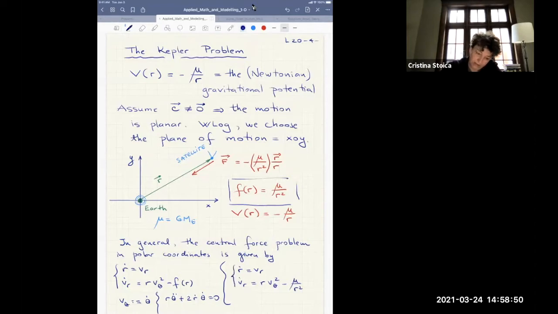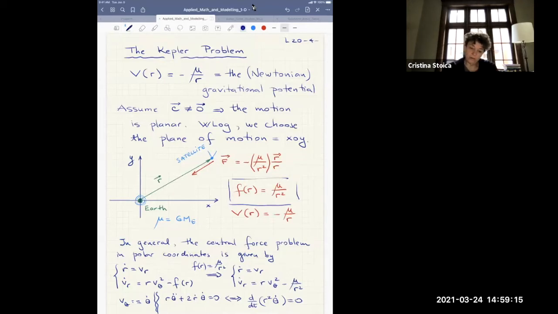And the other relation, no matter what we do to it, because F of r is mu over r squared, is actually equivalent to d/dt of r squared theta dot equals 0. Okay, the second relation.